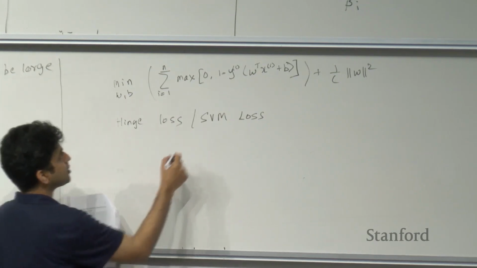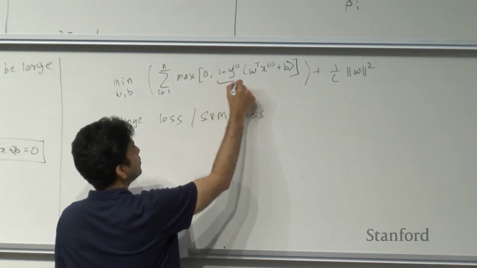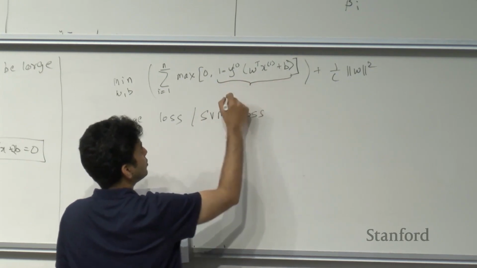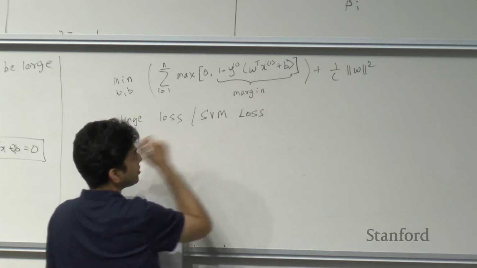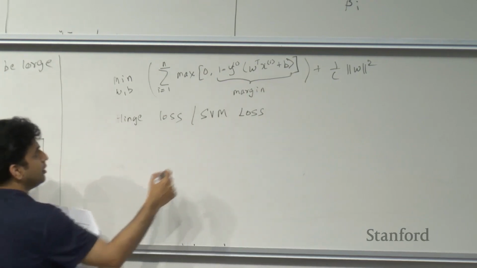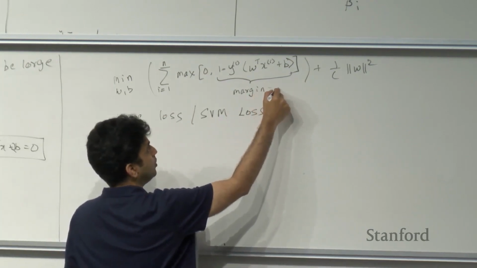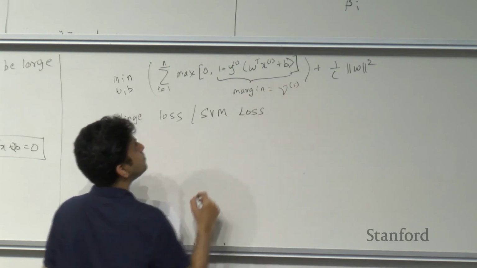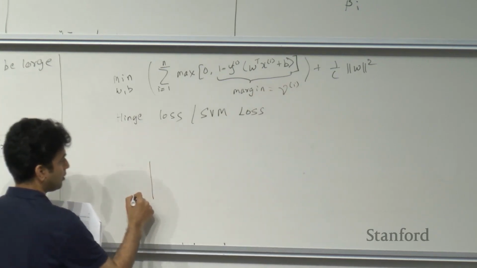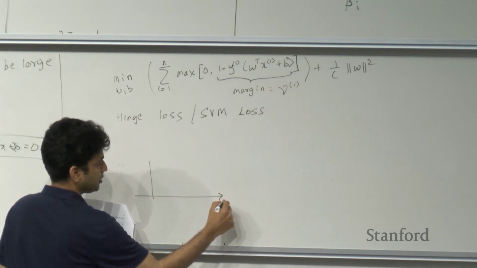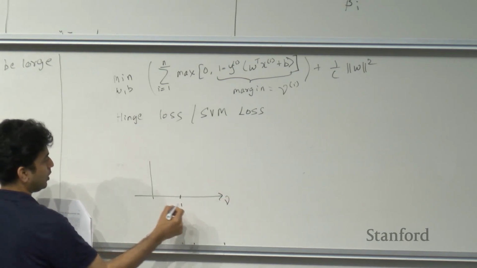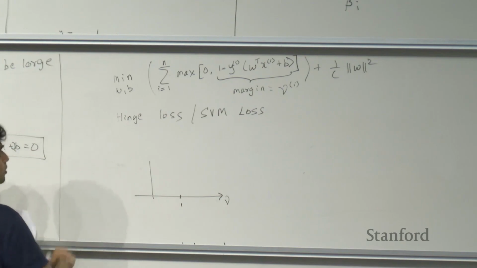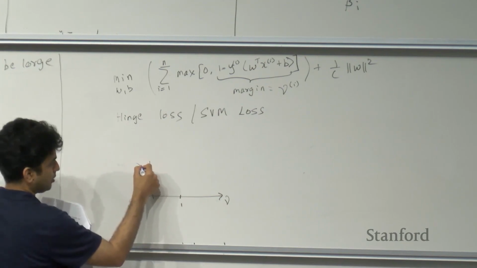So what this means is, if you want to think of this as your margin, this is still the functional margin. Let's call this equal to gamma of i. And if this is gamma, then the hinge loss looks like this.